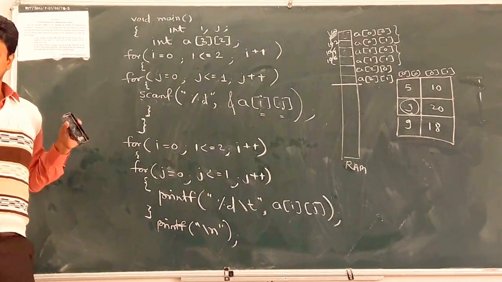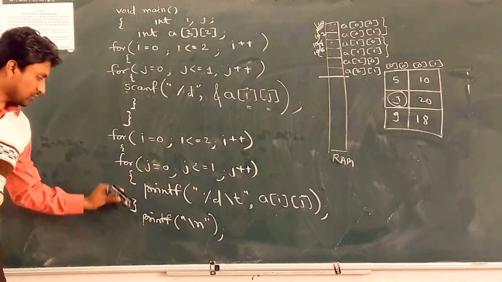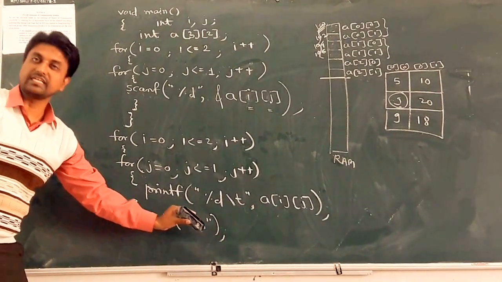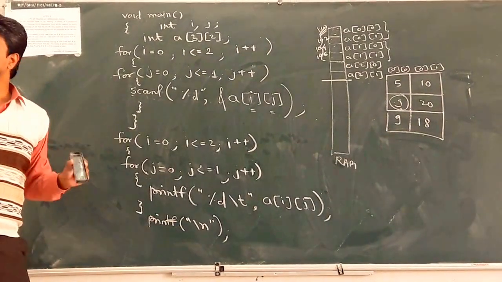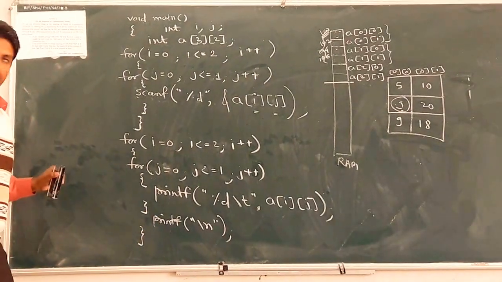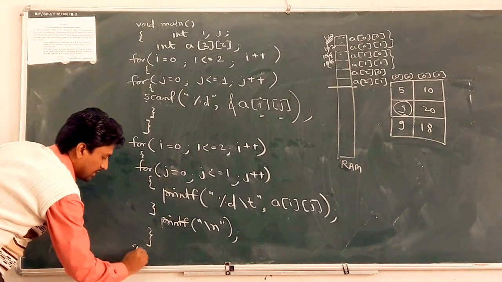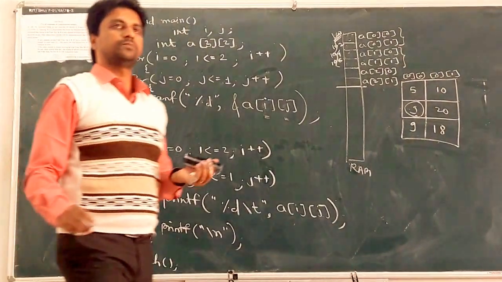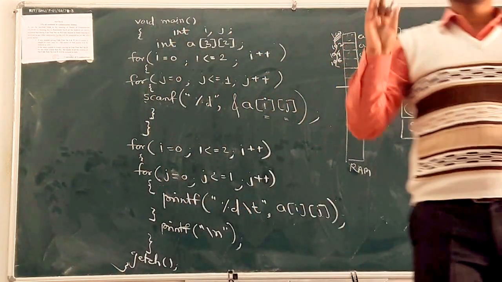The first row's elements are printed, so after executing the inner for loop, printf \n, that is the next line. Then complete the outer for loop, then getch, and complete the main function. Okay, so now how is it executed?